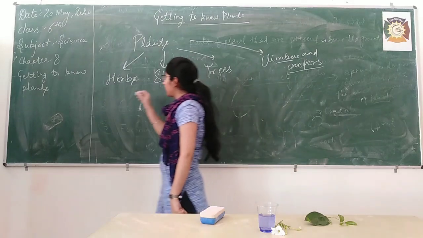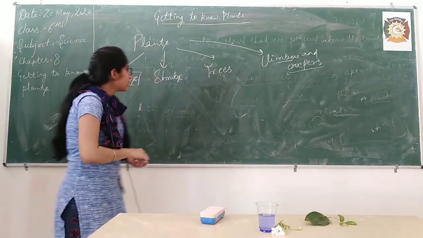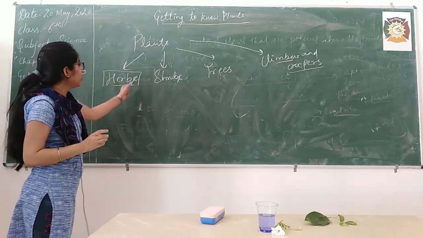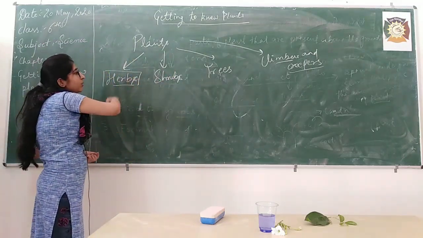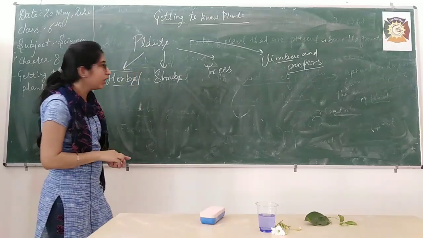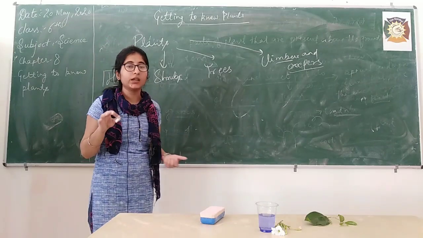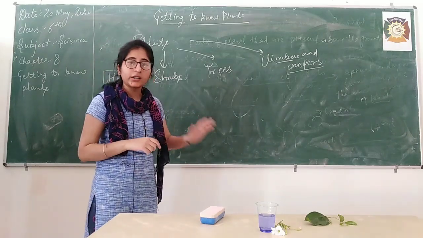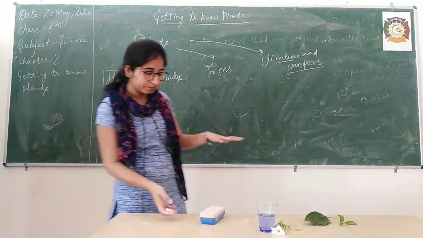Okay, so students, just try to understand. There are some characteristics of the stems of these 4, right? So these are divided as herbs, shrubs, trees, climbers and creepers. What is a herb? Herbs are very short kinds of plants.